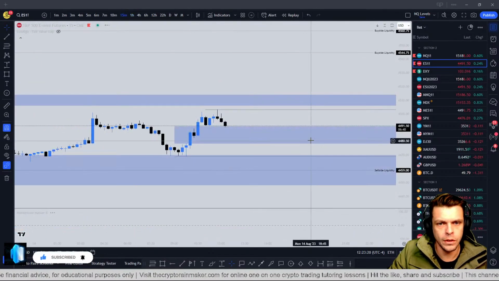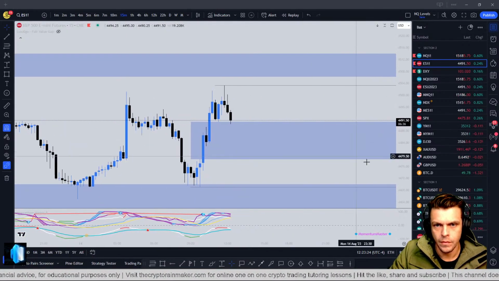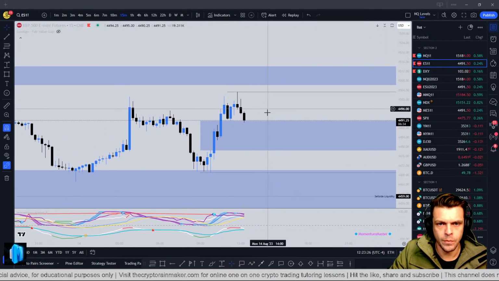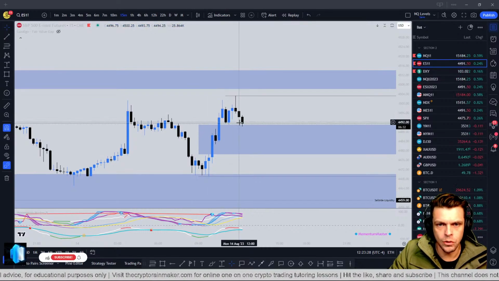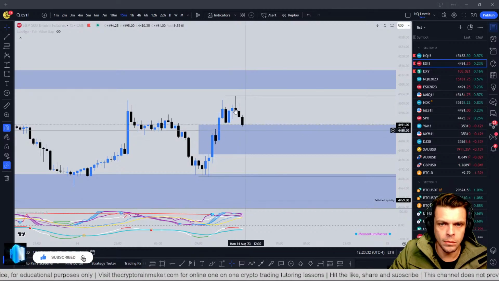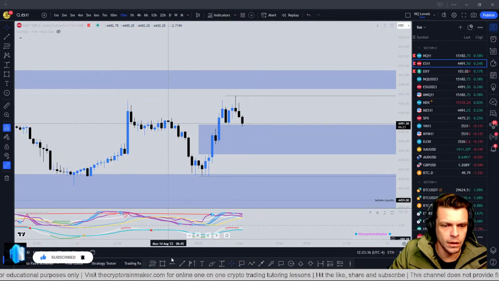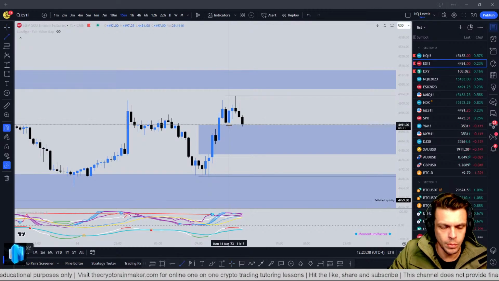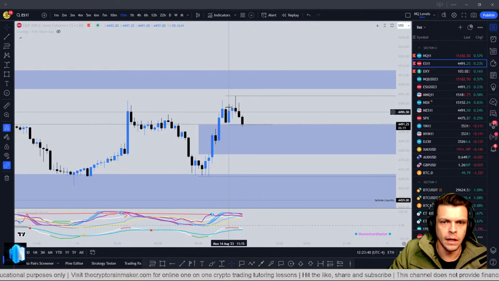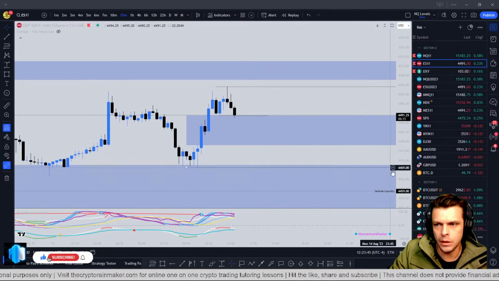Go to the 15. Okay, so on ES, it's starting to move below this low. So if we can see a nice bit more of an energetic move to the downside below this low, then we can assume this to be a market structure shift and not a short-term liquidity grab before it moves back to the upside.